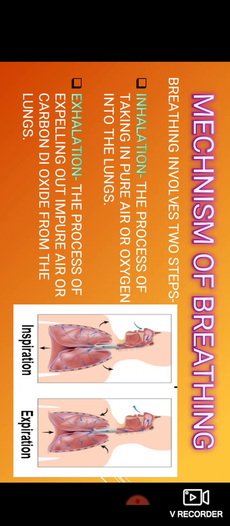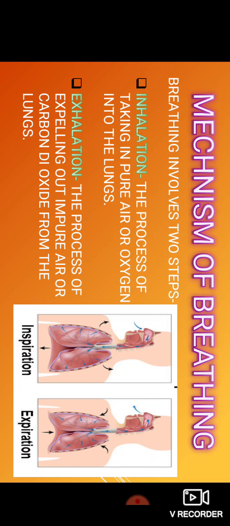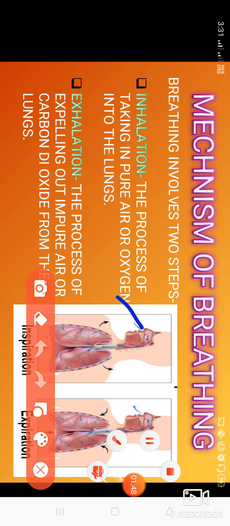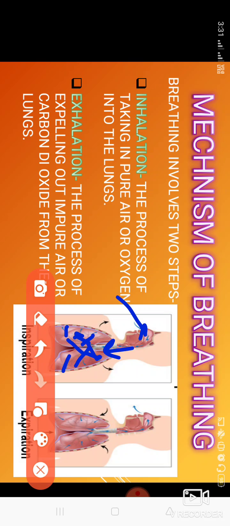the lungs. You can see here in these two diagrams, the passage of air is from the nostrils to the windpipe, that is known as the trachea, then it goes to the bronchus, and then it finally reaches the alveoli part of the lungs.